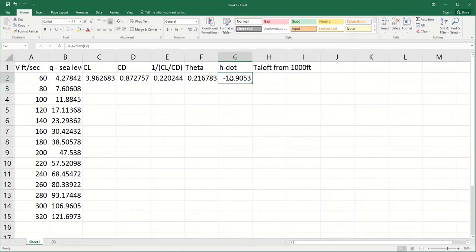Somebody check that. Good? Everybody getting that? So the time aloft is going to be the altitude divided by that number.